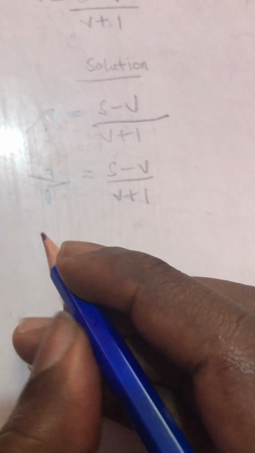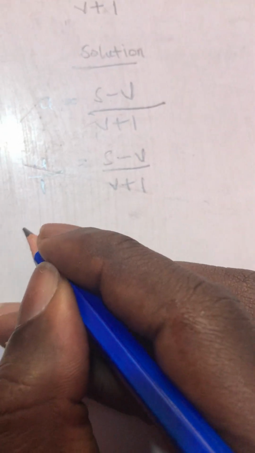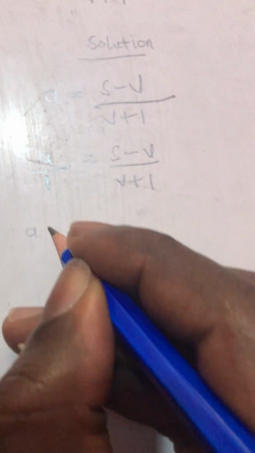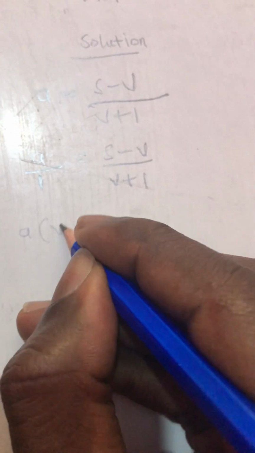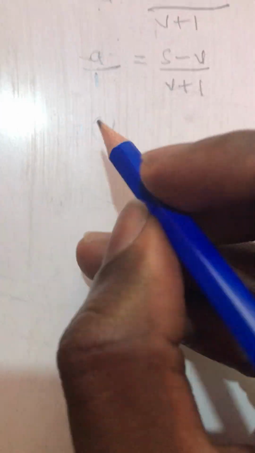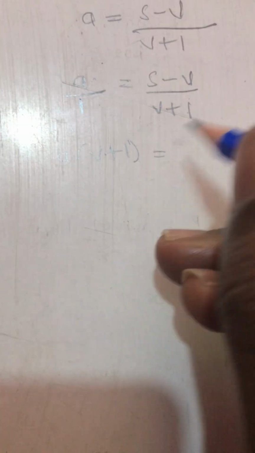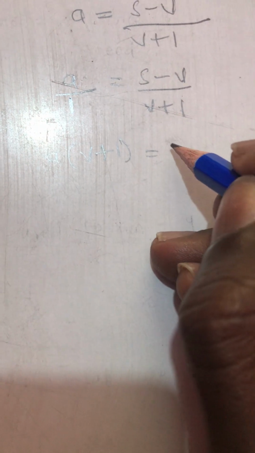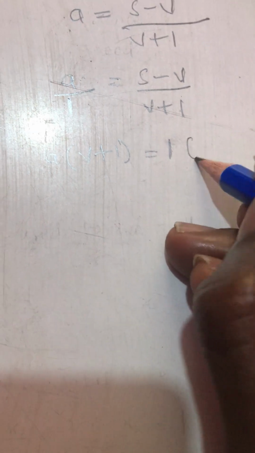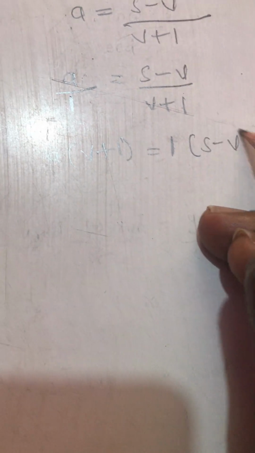So we are going to have our new equation to be a multiplying (v plus 1) equals 1 multiplying (s minus v), right?